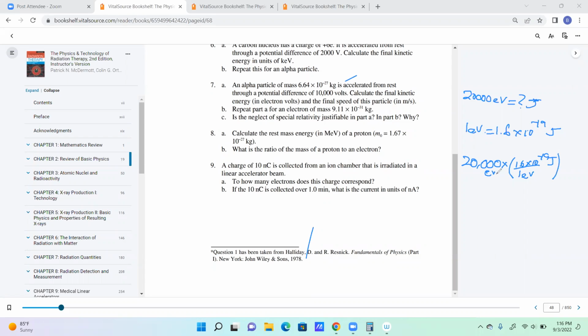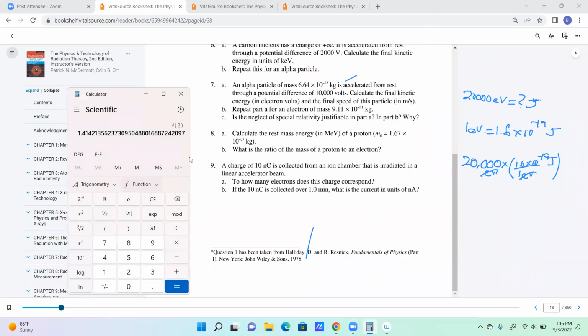So what does that end up being? Well, that and that cancel. So let's clear this out. I take 1.6 times 10 raised to the minus 19th.